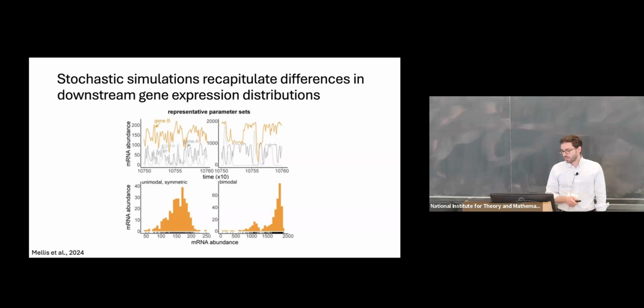On the top panels, what you're seeing are traces of gene expression, where each panel is a single parameter set. In gray are the gene expression levels over time for the transcription factors, and in orange for the downstream target gene.